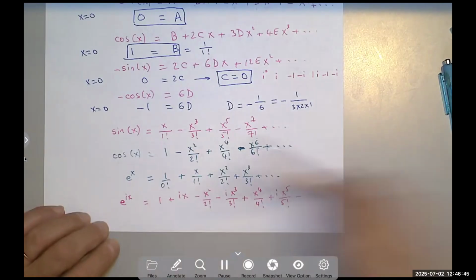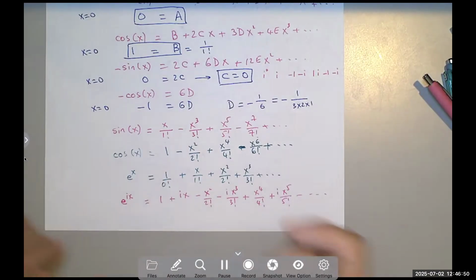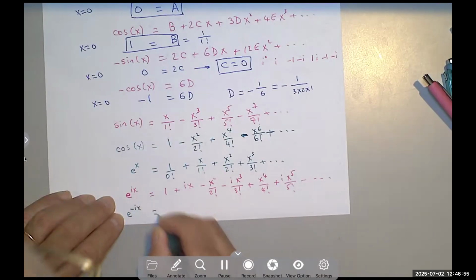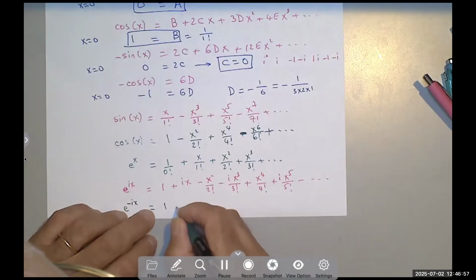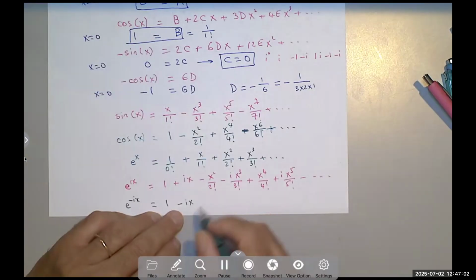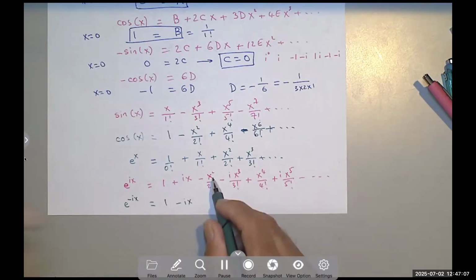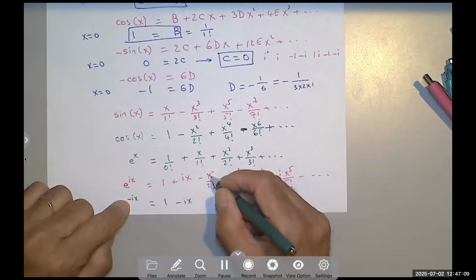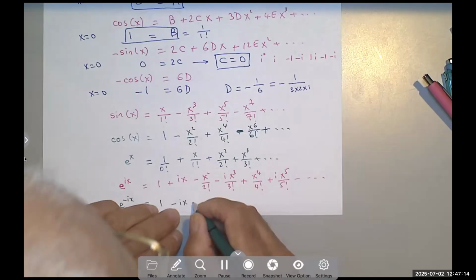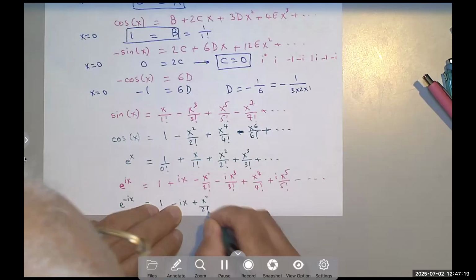Let's try that. Let's say I'm going to write here e to the negative ix equals 1 minus ix, right? And then I square. If I make x equal to negative ix, then negative ix squared would be i squared x squared, which is negative, so that becomes positive x squared over 2 factorial.